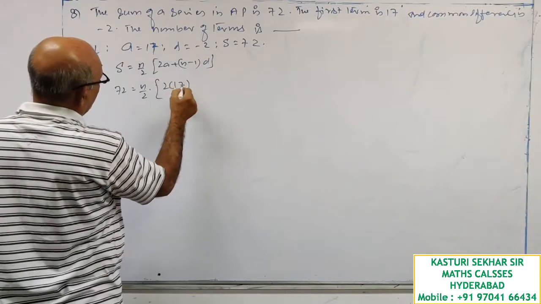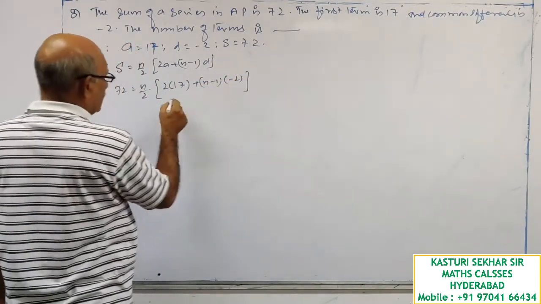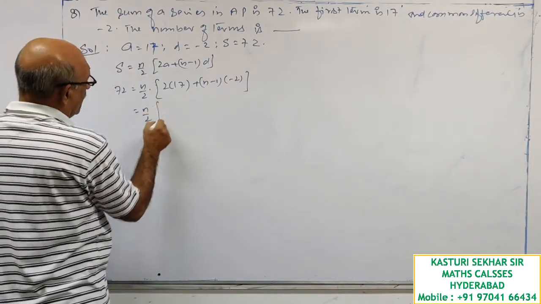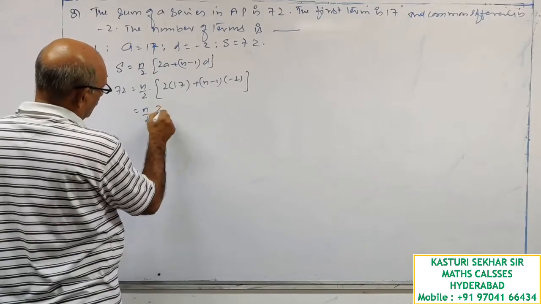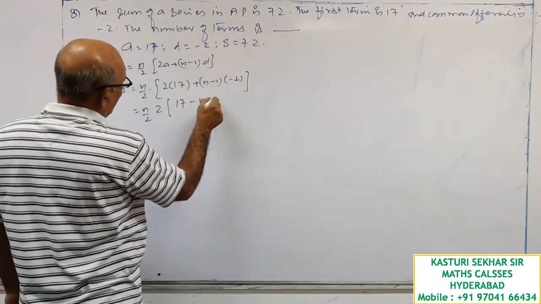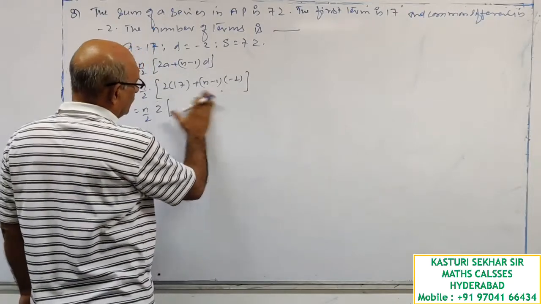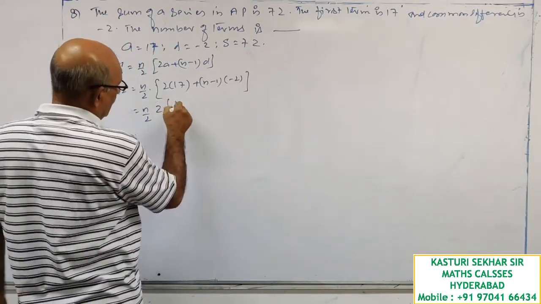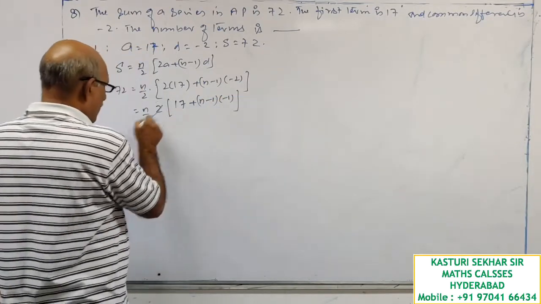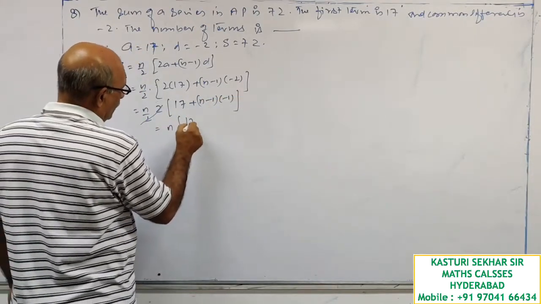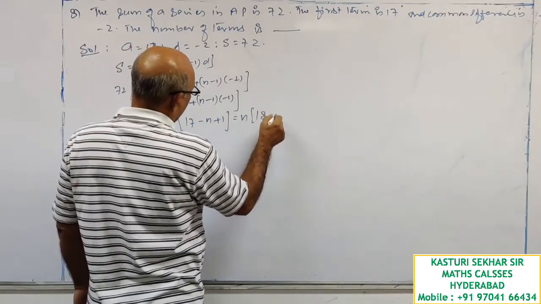That is 2 into 17, n minus 1 into common difference -2. You can take 2 as common: 17 minus n plus 1. Cancel. 17 minus n plus 1, that is 18 minus n.